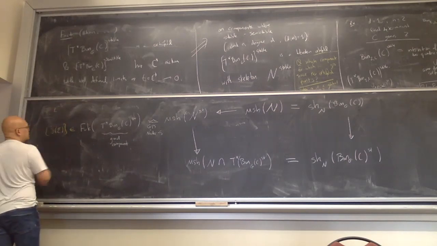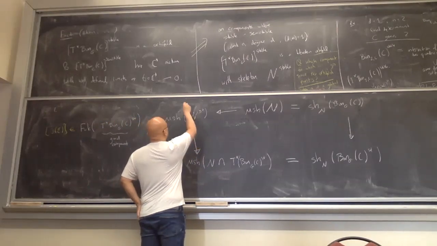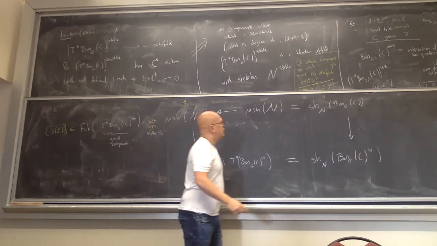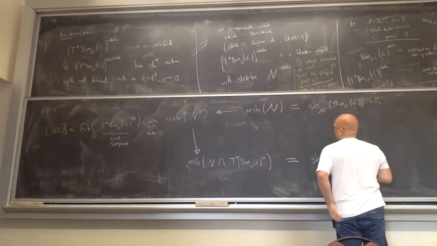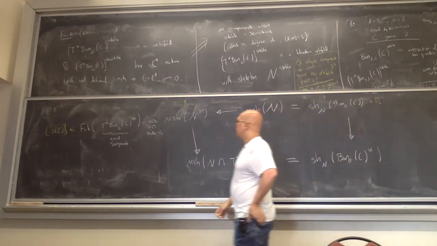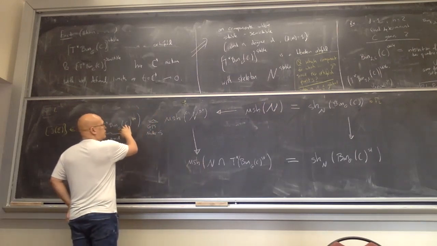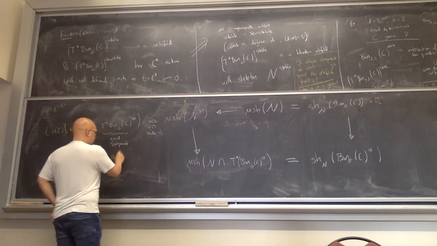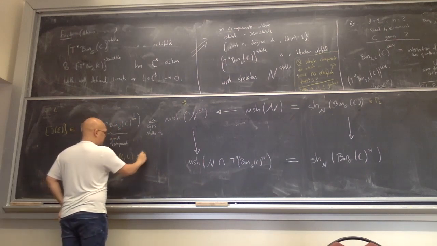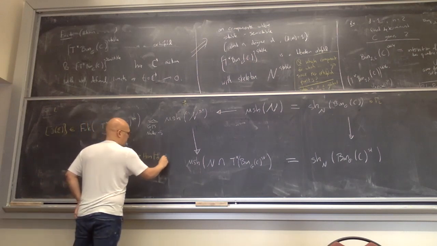Let's call this guy L, and let's call this guy F L. What is obvious from here is that hom(L, L) equals hom(F L, F L).